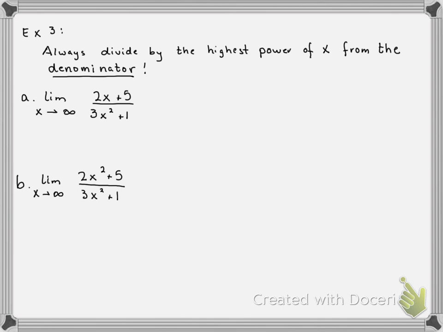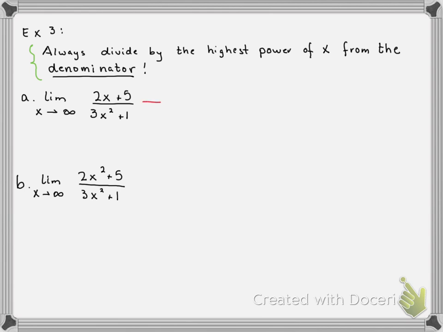Here is another characteristic, the horizontal asymptote. So we're going to abide by this rule right here that says when you do this, you will always divide by the highest power of x from the denominator. So that means that everything in example 3a's function is going to be divided by x squared.